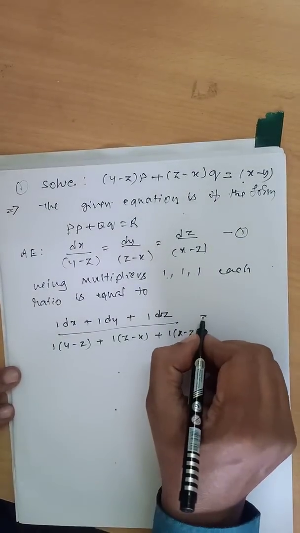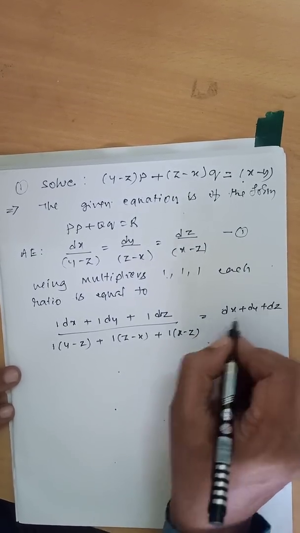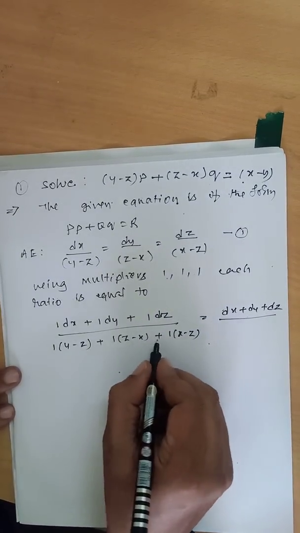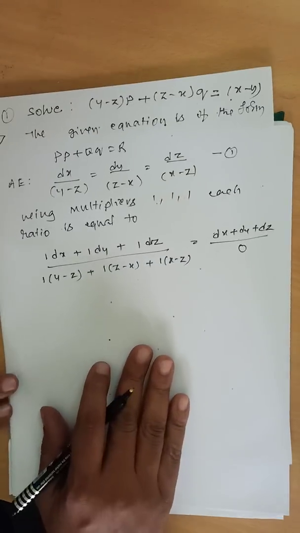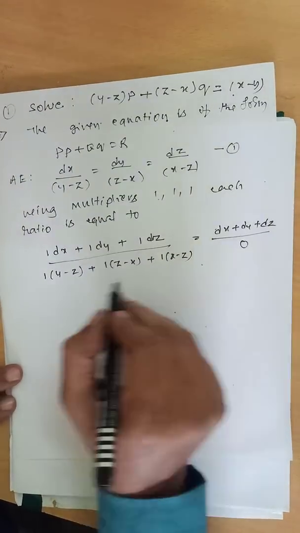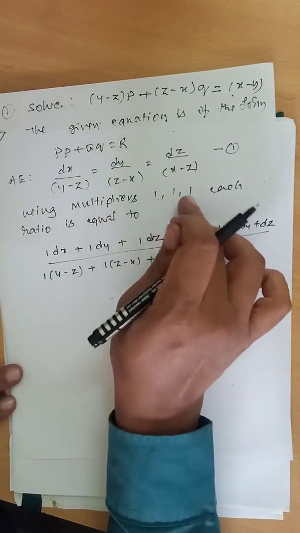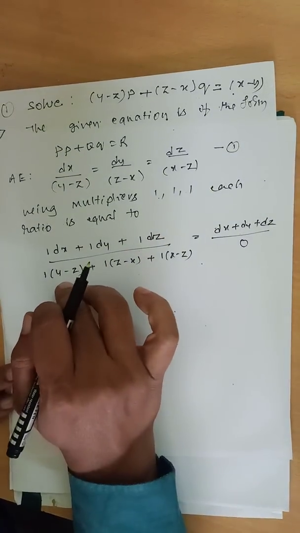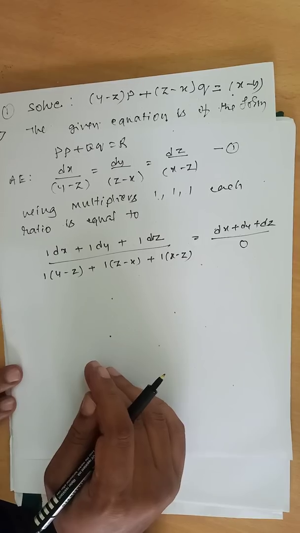That is equal to dx plus dy plus dz divided by, add this y minus z plus z minus x, so the denominator 0. Therefore, see, our intention is to make the denominator 0 by choosing the multipliers 1 1 1. You can try another multipliers to make the denominator 0. You can use that multipliers, no problem.